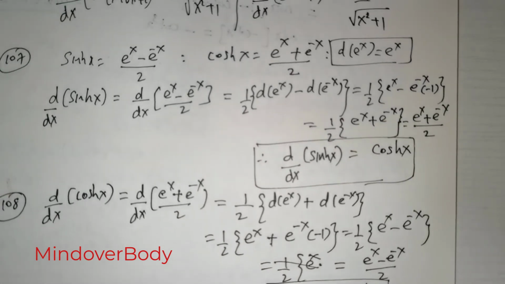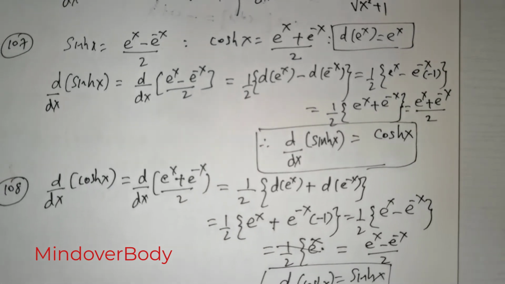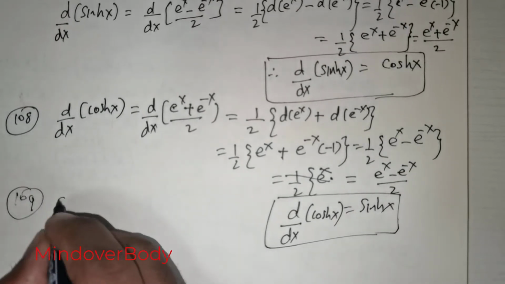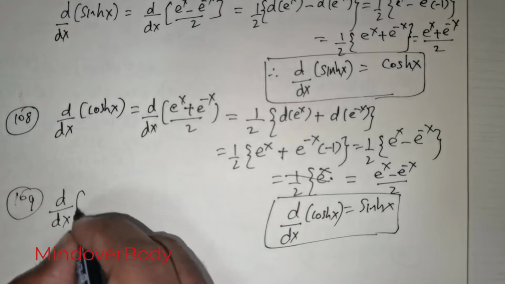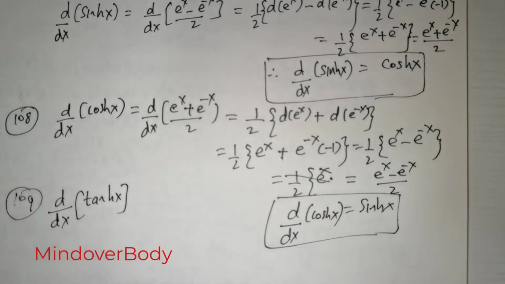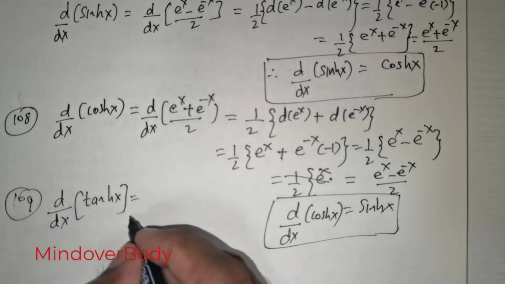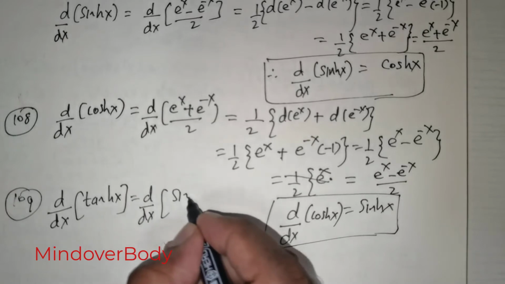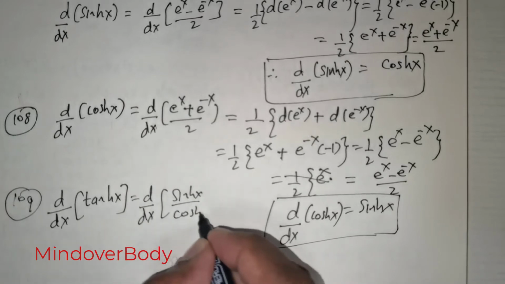Now the question comes, what if someone were to give you, what is the differentiation? Question number 109. If someone were to ask you, how do you obtain the differentiation of hyperbolic tan x, what would you get? Now this can be rewritten as differentiation of sinh x divided by cosh x.